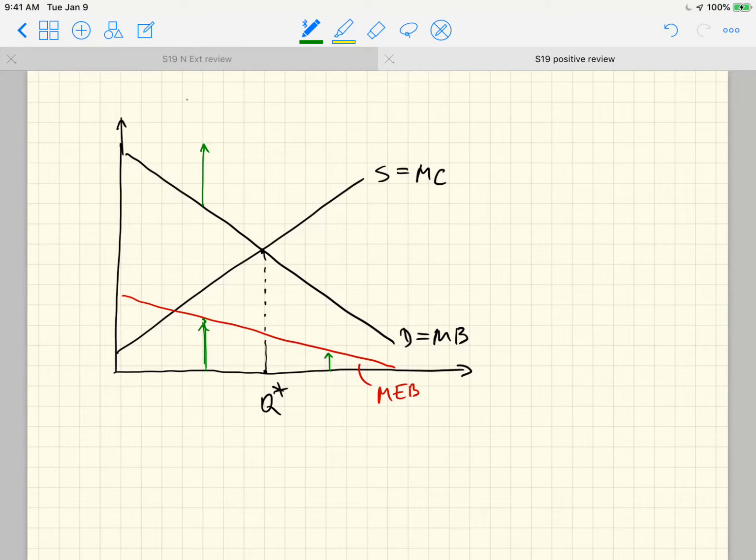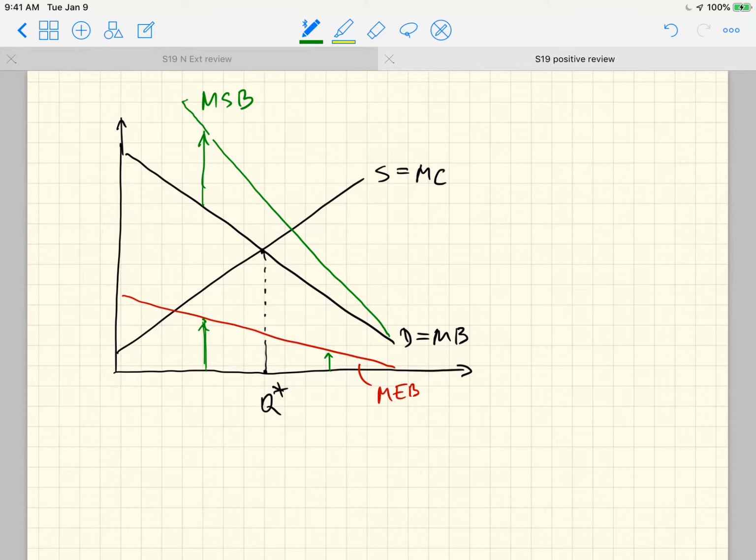So that basically tilts our marginal private benefit even further. And this is how we come up with the marginal social benefit curve.